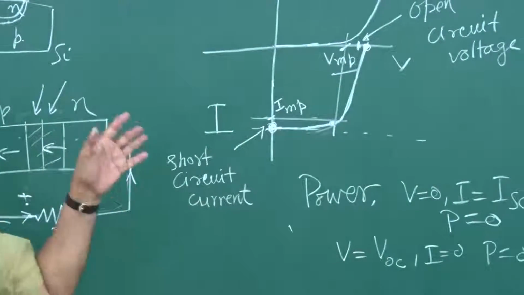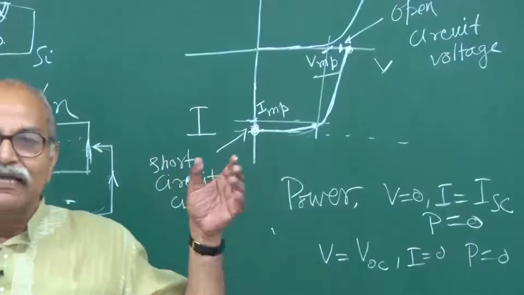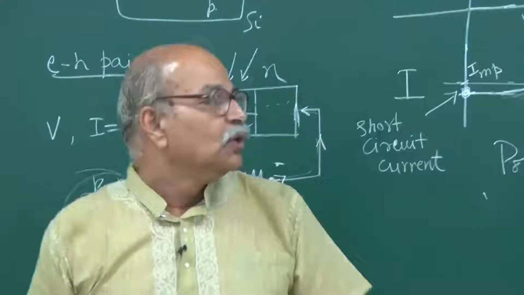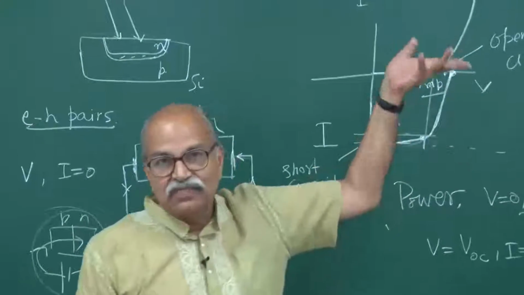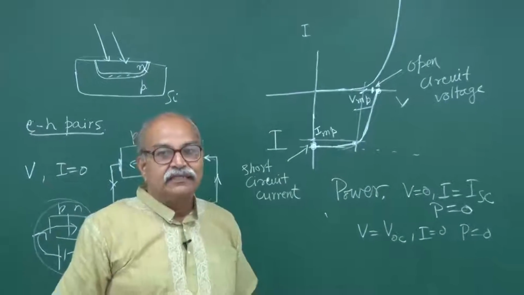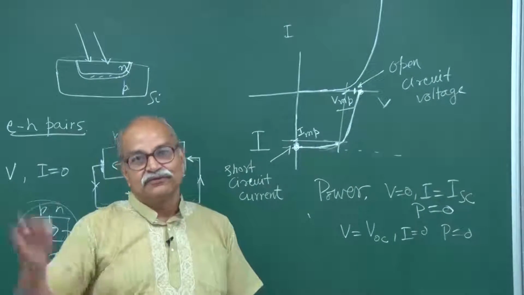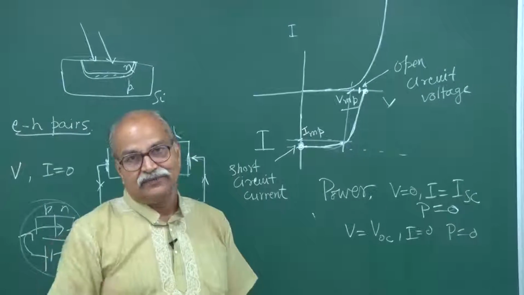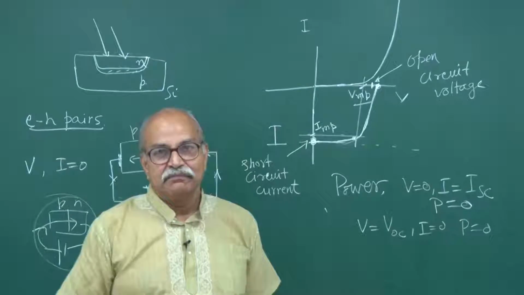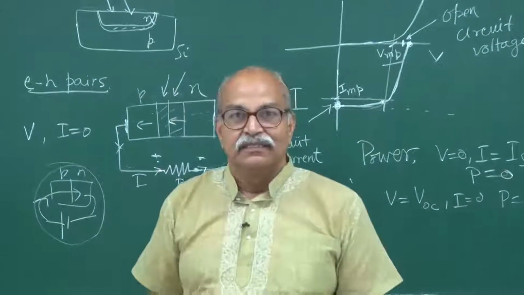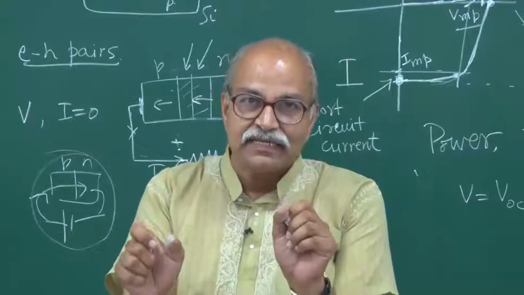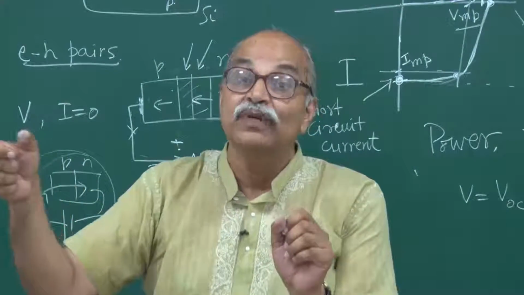So, these kind of considerations are there, and one silicon cell will give you open circuit voltage of about 0.5 volts. Okay. And then the short circuit current will of course depend on how much light is falling on it, but typically it will be in milliamperes. So, a number of solar cells are connected in series to increase the voltage.